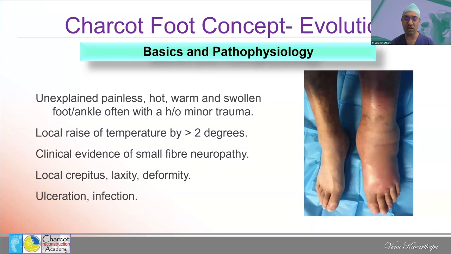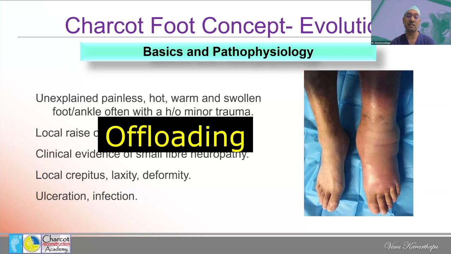Depending on the stage of presentation, there can be significant bone fragmentation that manifests as crepitus and deformity as well. They can ulcerate, which can get infected, and that can lead to an amputation. But the majority of these presentations are managed with offloading. We had a fantastic talk earlier covering all aspects of that. But despite these measures, a significant proportion of these patients will develop ulceration, infection and limb loss.